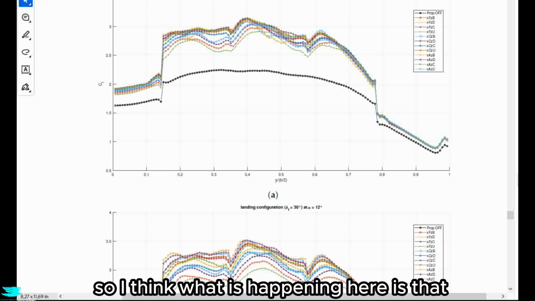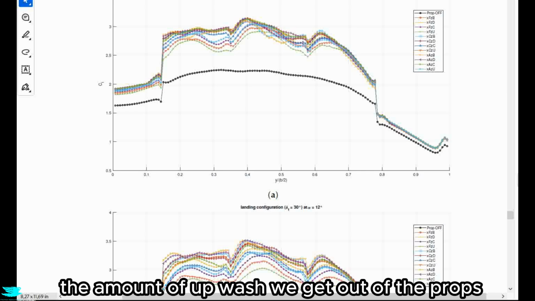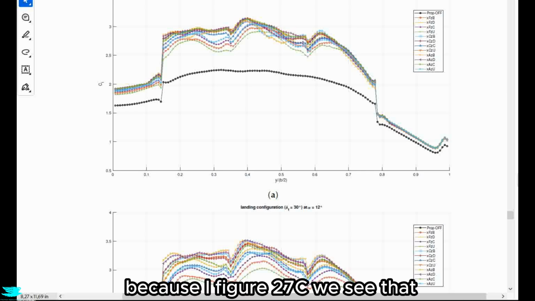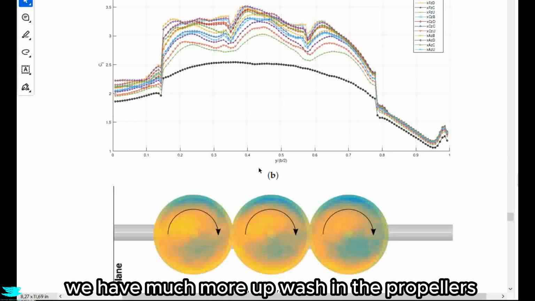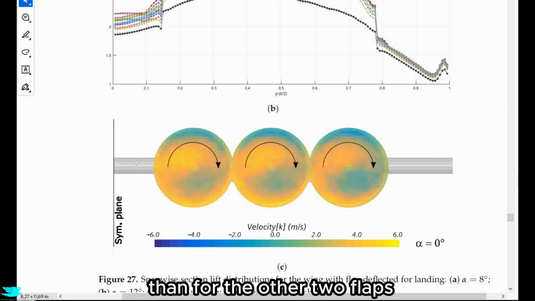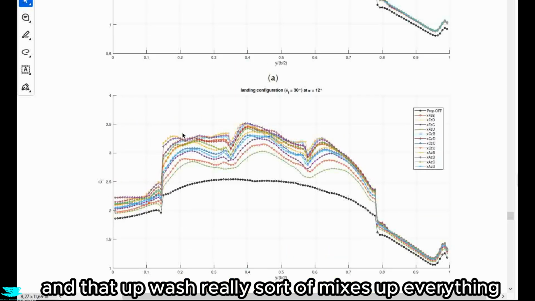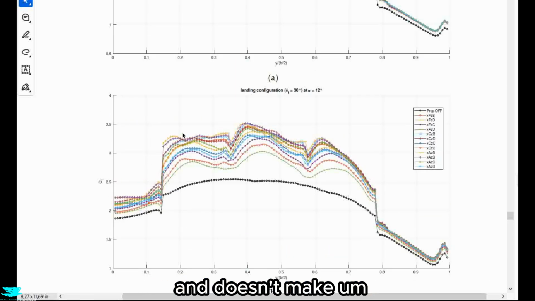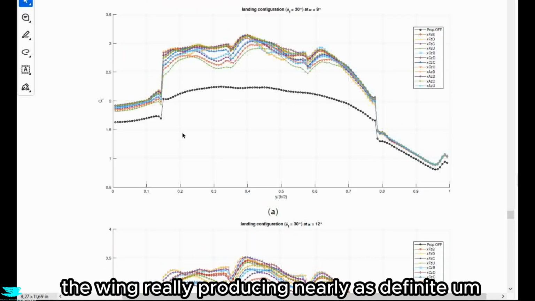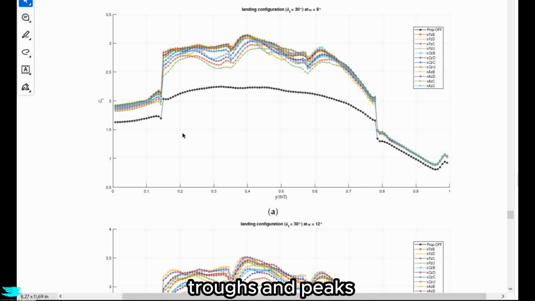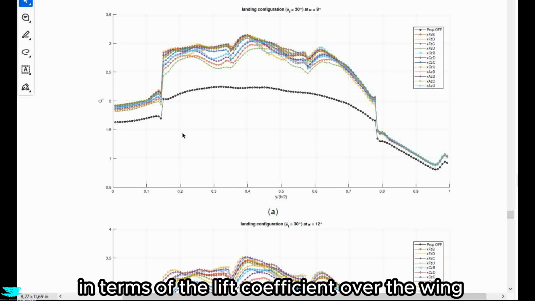So I think what is happening here is that the amount of upwash we get out of the props, because in figure 27C, we see that we have much more upwash in the propellers than for the other two flaps. And that upwash really sort of mixes up everything and doesn't make the wing produce nearly as definite troughs and peaks in terms of lift coefficient over the wing.